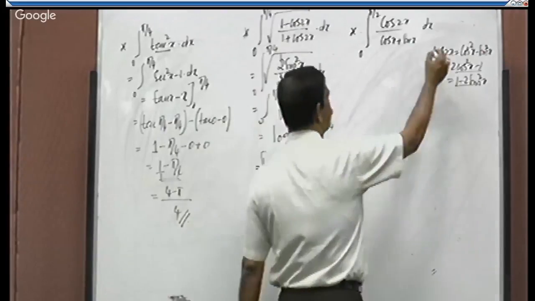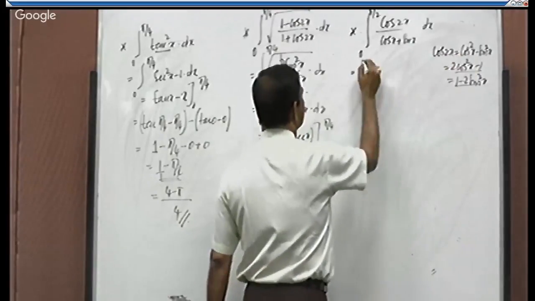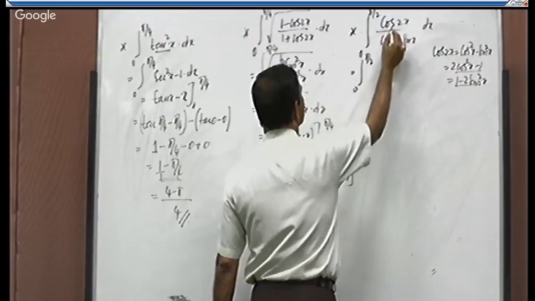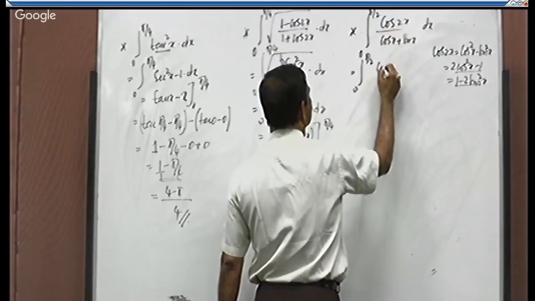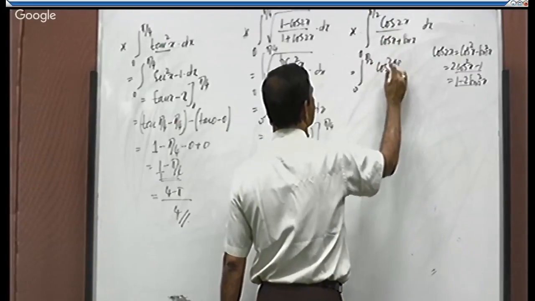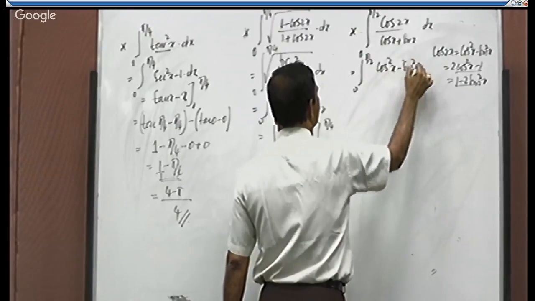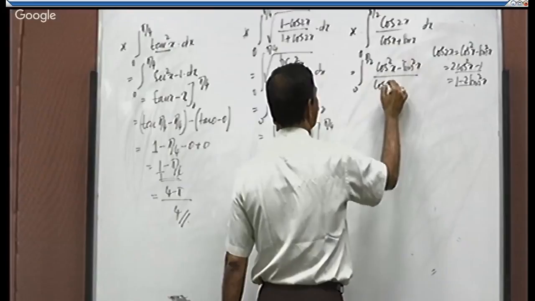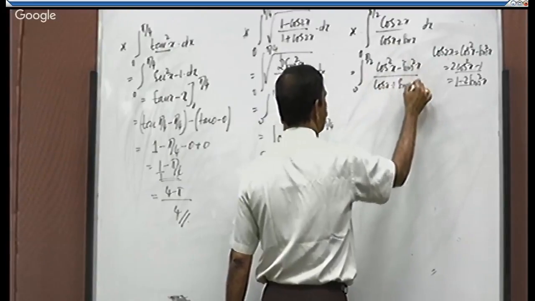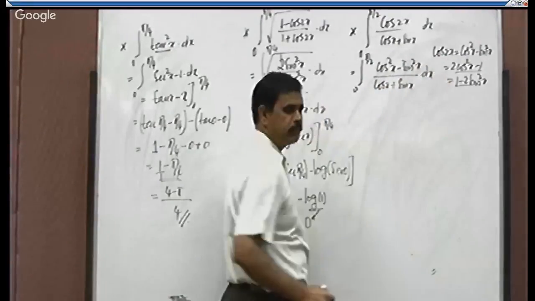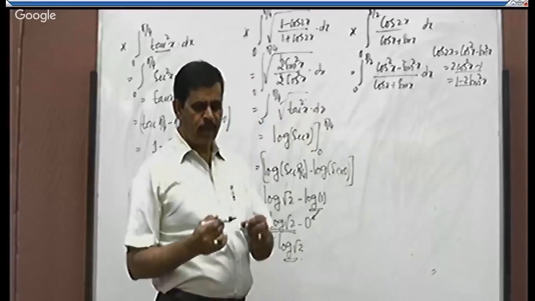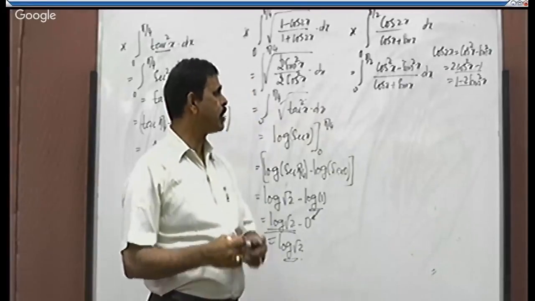Here, I am taking this formula: 0 to pi by 2 of cos 2x, which is cos square x minus sin square x, divided by cos x plus sin x, into dx. Is it right? Say the numerator. Numerator is what? It is cos square x minus sin square x.